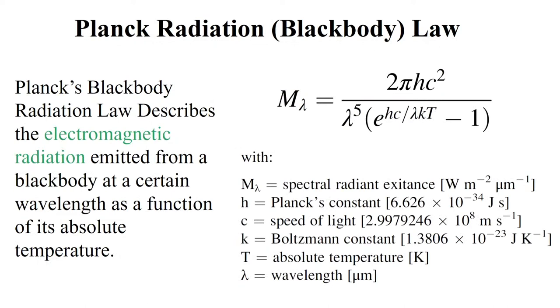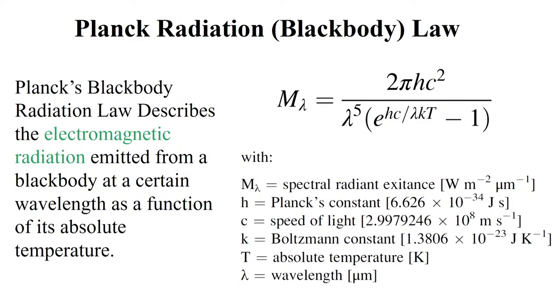Now here we are going to talk about some basic laws which are used in thermal remote sensing. First we are going to talk about Planck's law of blackbody radiation. Planck's blackbody radiation law describes the electromagnetic radiation emitted from a blackbody at a certain wavelength as a function of its absolute temperature.